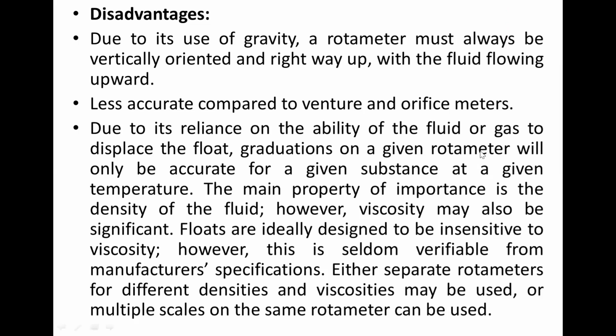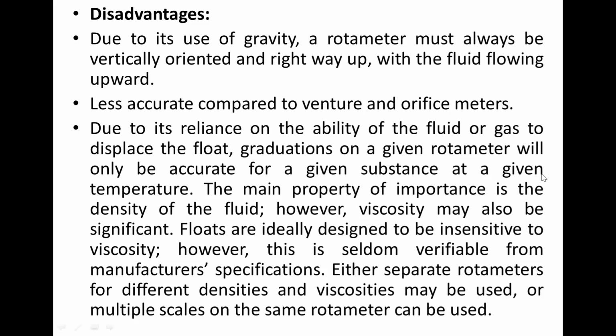Due to its reliance on the ability of the fluid or gas to displace the float, graduations on a given rotameter will be accurate only for a given substance at a given temperature. So based on the substance also, the rotameter is going to change. The main property of importance is the density of the fluid, but sometimes viscosity may also influence the meter.